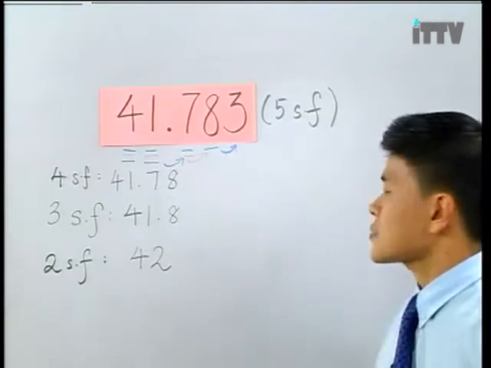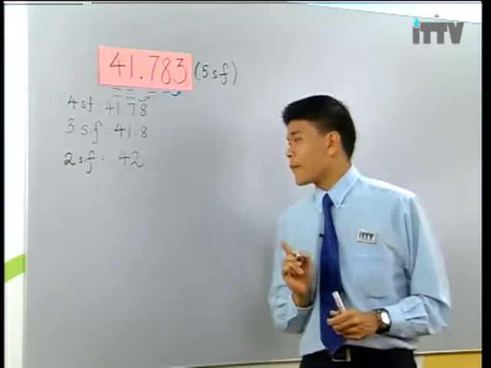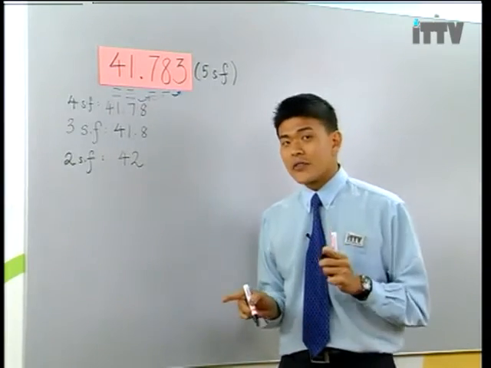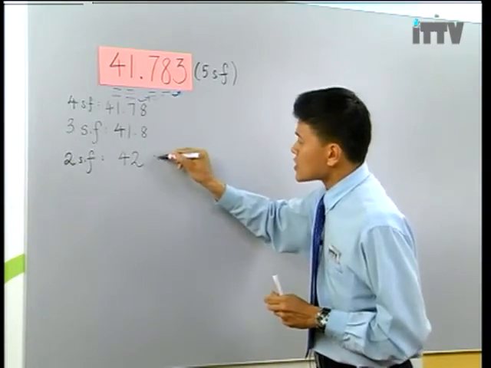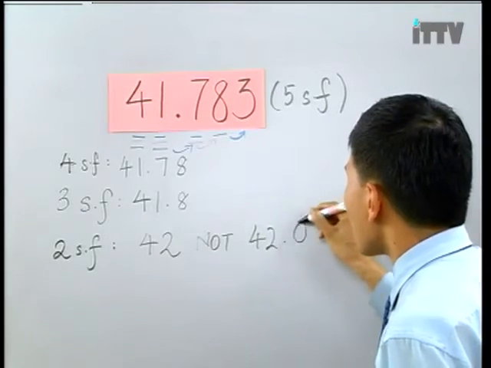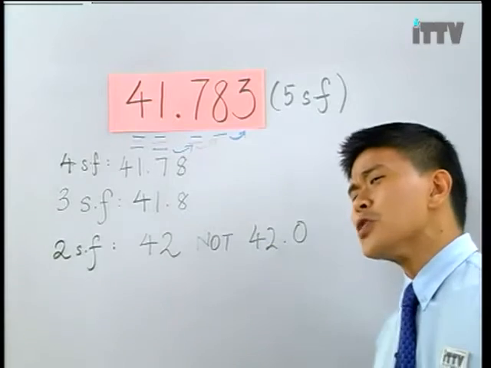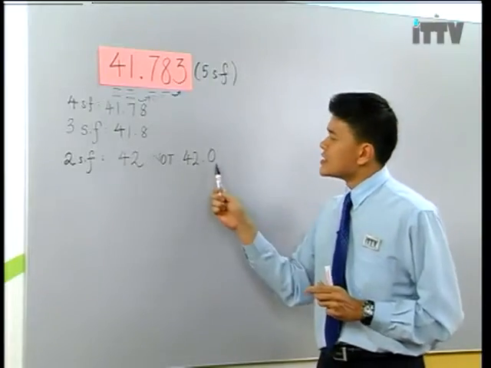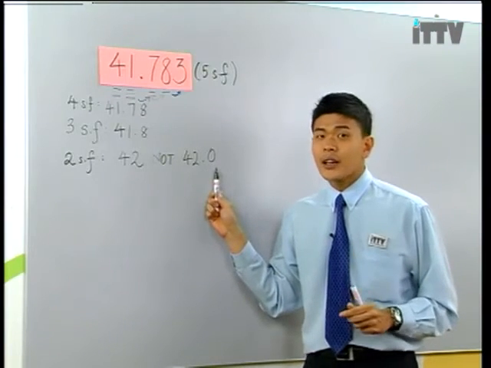42. Alright, look carefully here. To 2 significant figures, it is 42 and not 42.0. Why? Because 42.0, if you remember the rules of significant figures, 0 is a trailing 0.